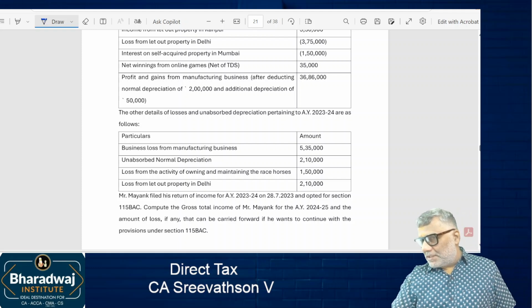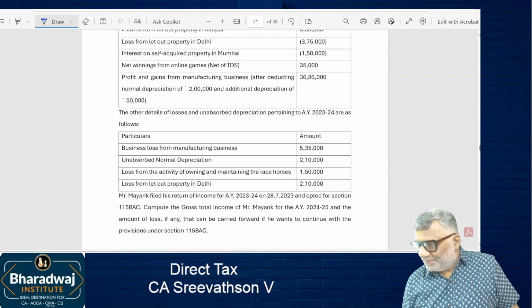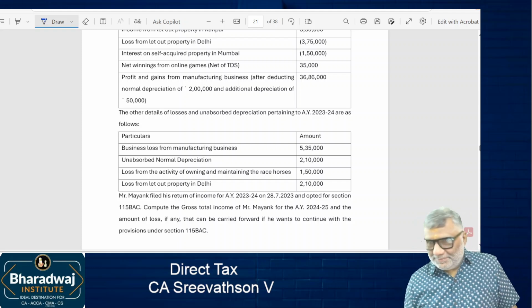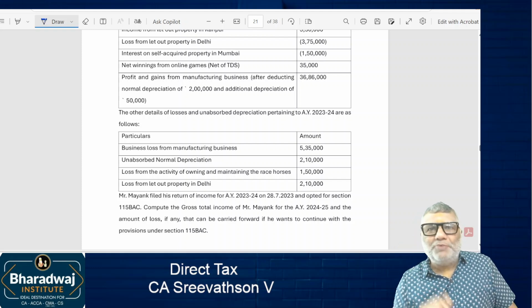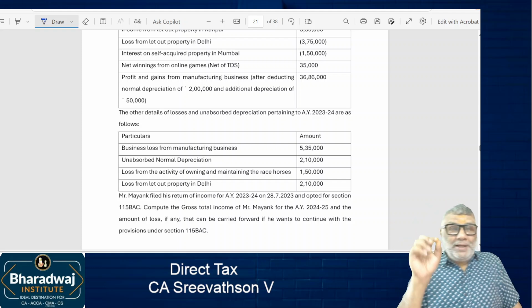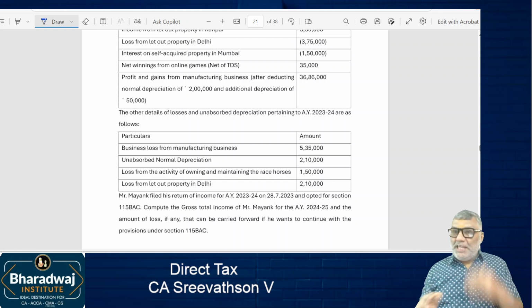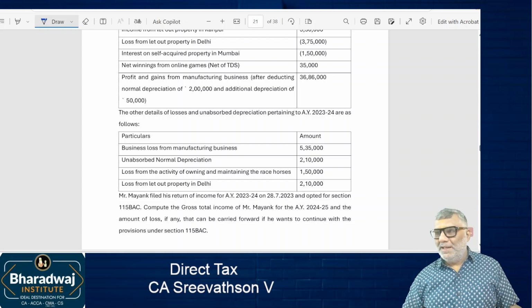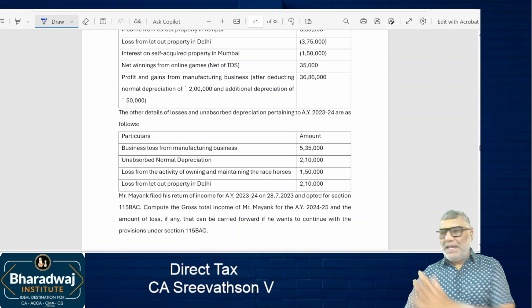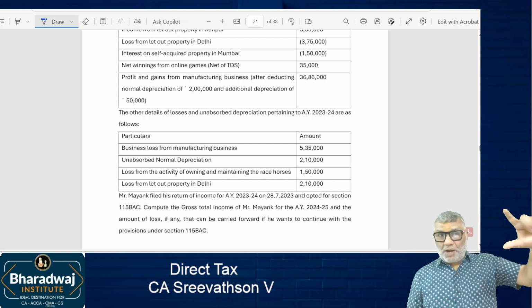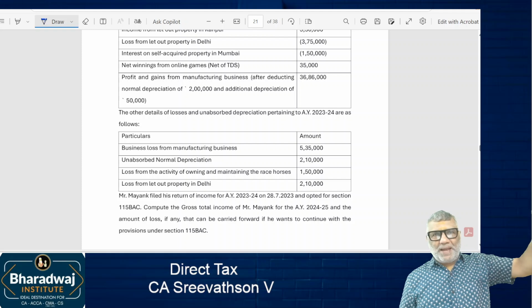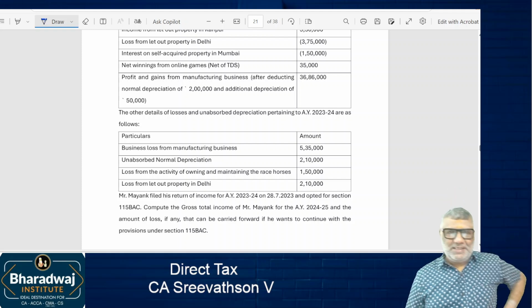If you have a business income, it is a one-time decision. Even if that statement they have not given, we have to work out under 115BAC only. Only for a non-business assessee, year to year I can choose. This year I will go by 115BAC. Next year I will not go by it, older. But for a business assessee, once a choice is made, he cannot reverse it.